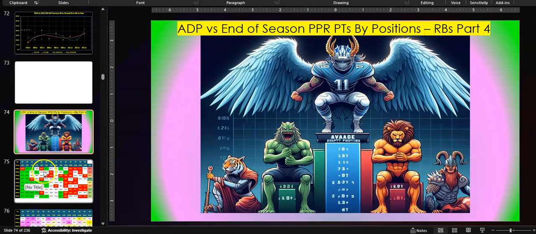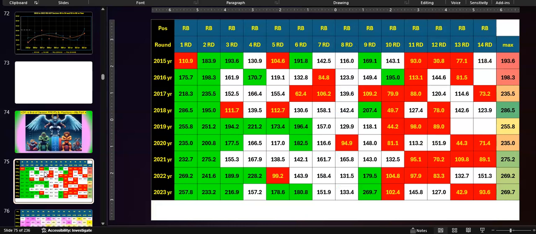Okay, let's go here. So, I bounce back and forth between draft rounds based on ADP, right? So the first 12 picks, that's round 1. Next 12 picks, round 2, etc. And I've got down to round 14. And then I look at that each year, and I average the players in that area, that sector, and get an end of the season fantasy point average.